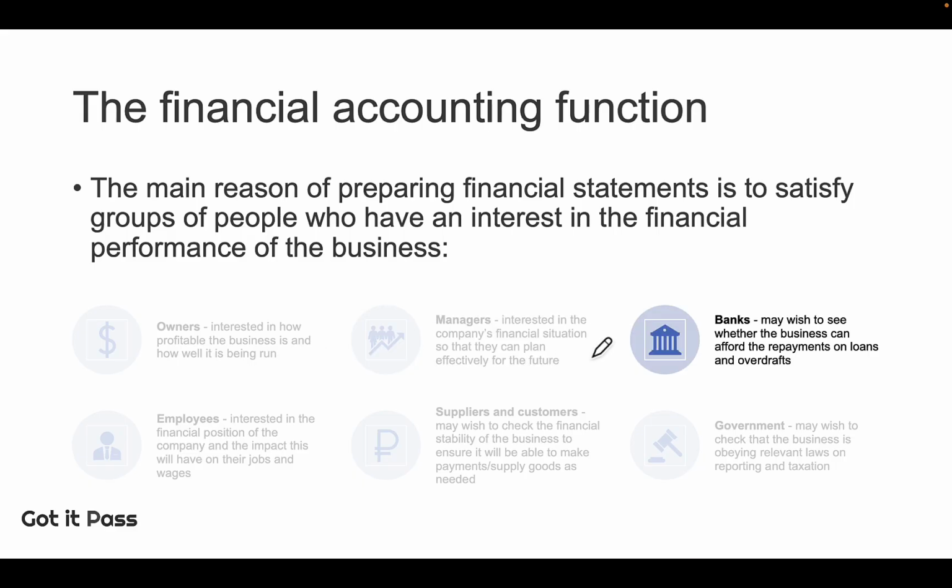For the banks, they may wish to see whether the business can afford the repayments on loans and overdrafts. And in some cases, the banks need to read through the financial statements or the audited financial statements before lending money to any business organizations, because the banks are conservative.